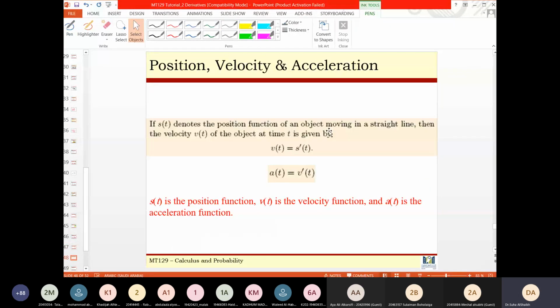Now, a new concept, a new application where we use the derivative. Imagine that you have a moving particle, something that is moving. Derivative is used in physics actually, and this is what we are working with now. Imagine that you have a moving car. It moves from this point to this point.